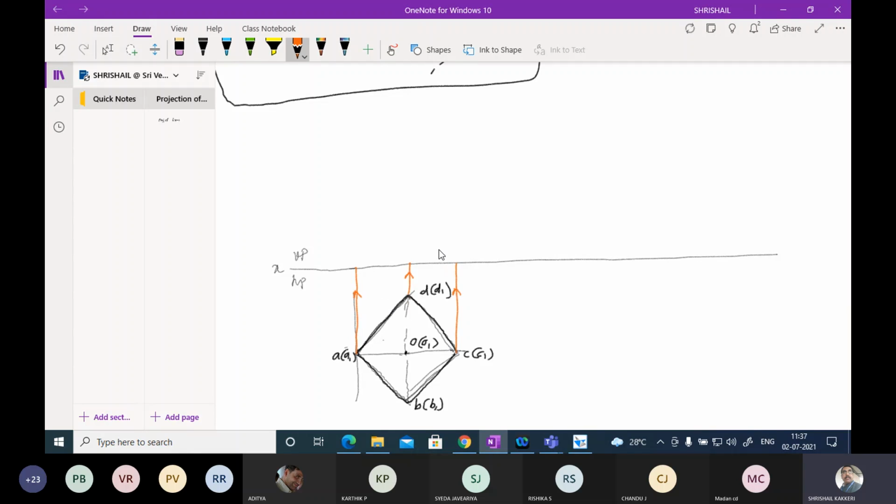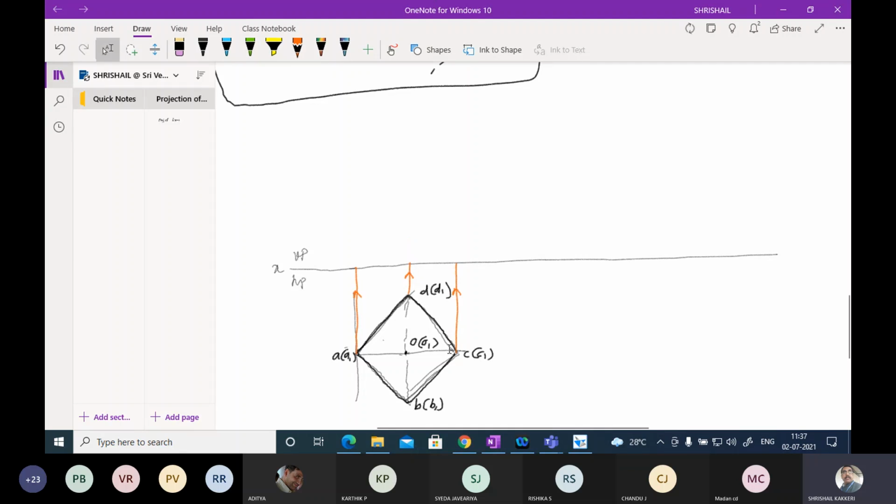Just 1 minute. I'll get a scale and explain you. It will be easier for you to understand. Okay, now what is the axis height they have given us?